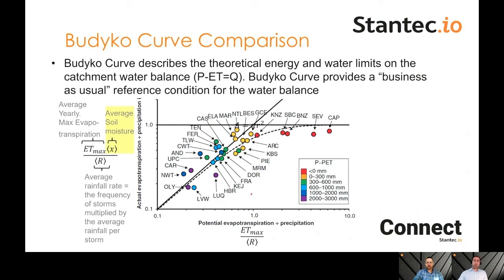At 1, we're at a dividing line between an energy limited environment on the left, where we don't have enough energy to actually evapotranspire the water that's coming in. So we have more runoff, which is shown above the black line here. And then we transition to a water limited environment where we have plenty of energy.